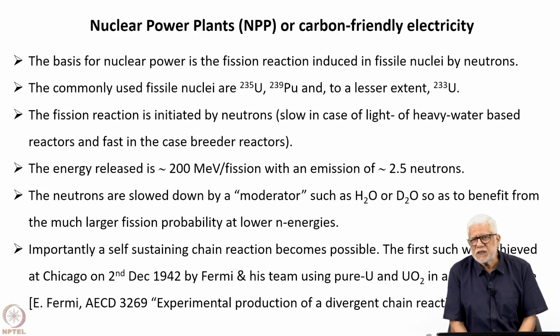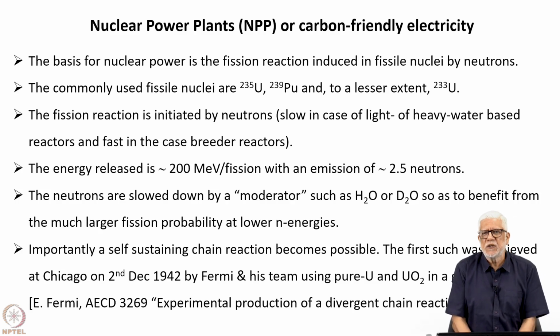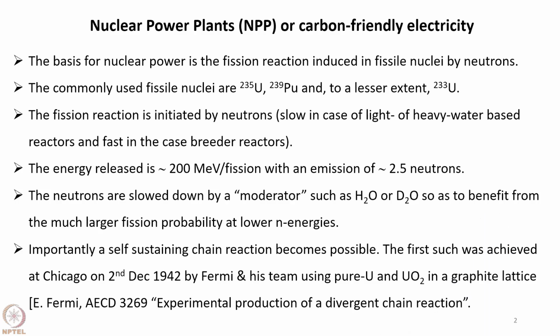Deuteron has certain advantages because it doesn't absorb the neutron with as much of a cross section or as much of a probability as proton, but then you have to separate deuterium, which is only 1 part in 7,000 in normal water. So that costs both effort and money. On the other hand, it is a more efficient reactor once you do that. The neutron economy is much more efficient.